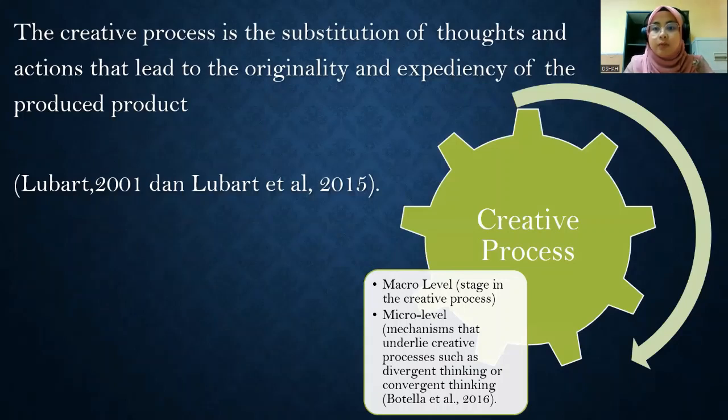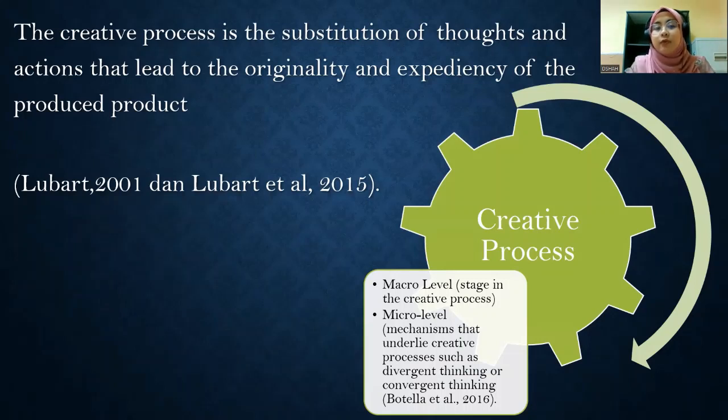And this is my creative process: the substitution of thoughts and action that lead to the originality and expediency of the produced product. This is from Bluebird et al., 2015 and 2001.